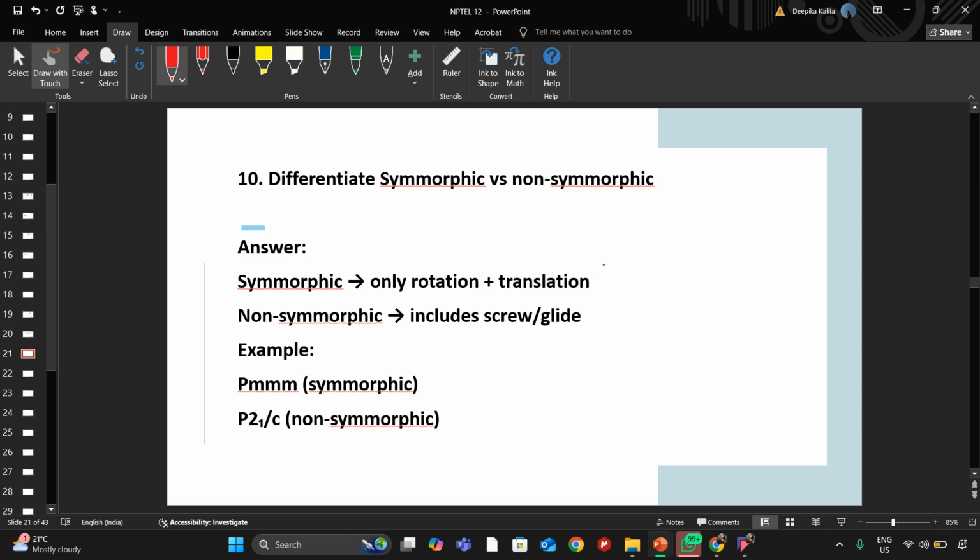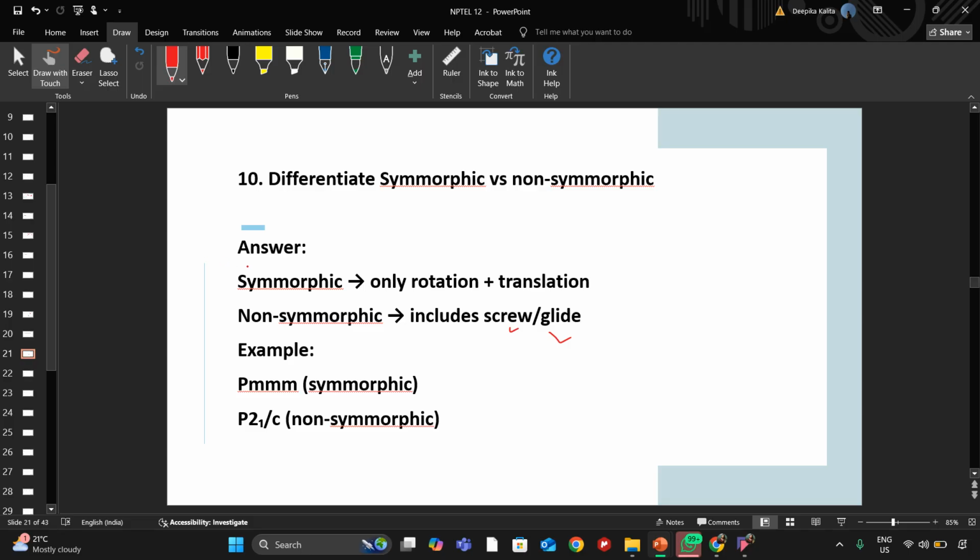So symmorphic point groups contain rotations, reflections, or inversions, and they all have a common point fixed. Whereas the non-symmorphic point groups include glide planes and screw axes involving fractional lattice translations where no single point is fixed. Okay, we have already discussed screw axis and glide planes.